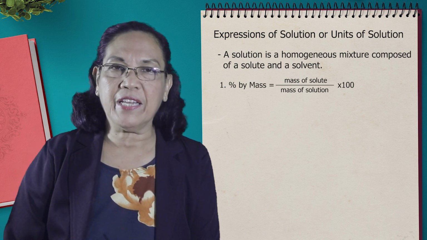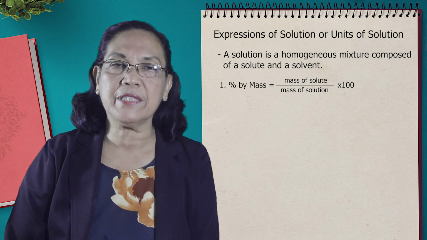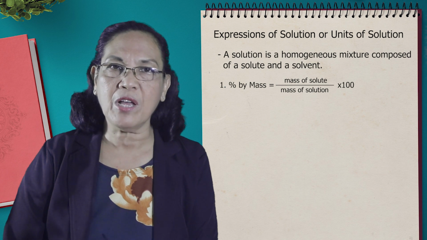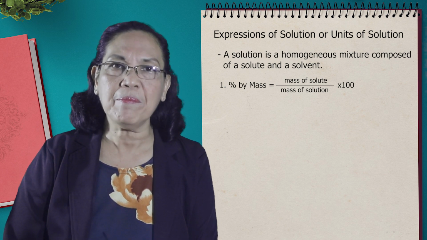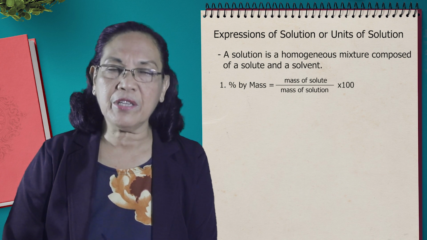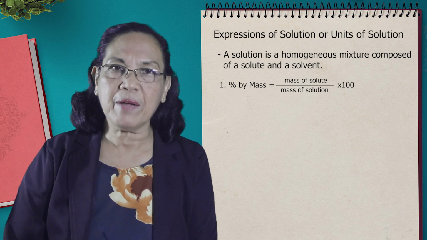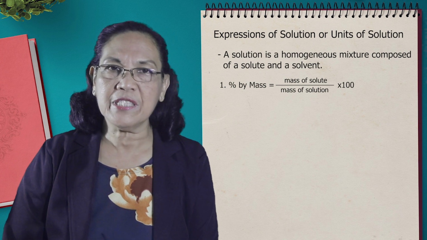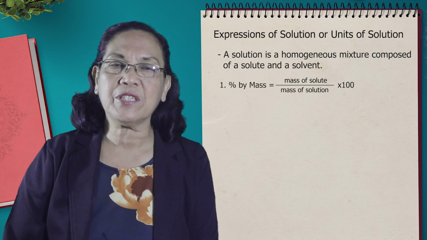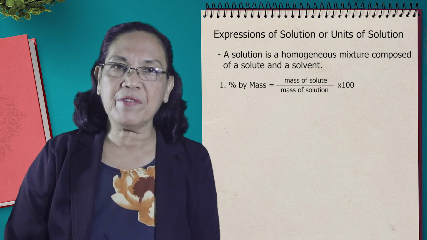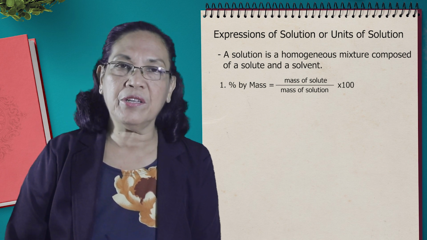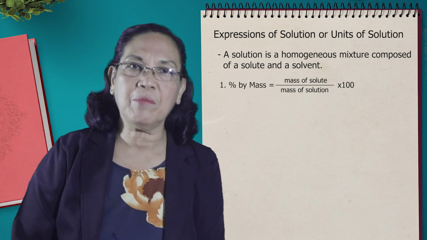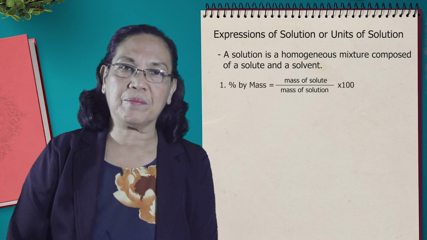But if you're given the number of grams of solute and the number of grams of solvent, you first have to get the sum of the two, then use this as the divisor in dividing the number of grams of solute by the total number of grams of solute and solvent. Then multiply it by 100.